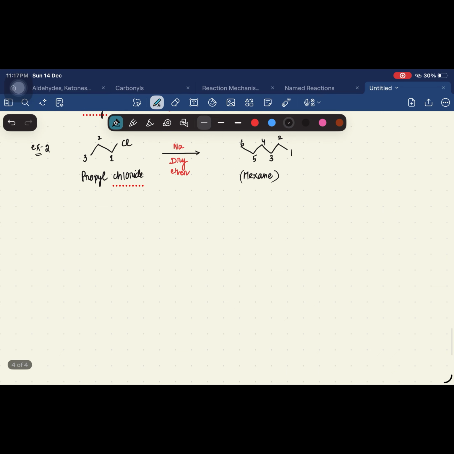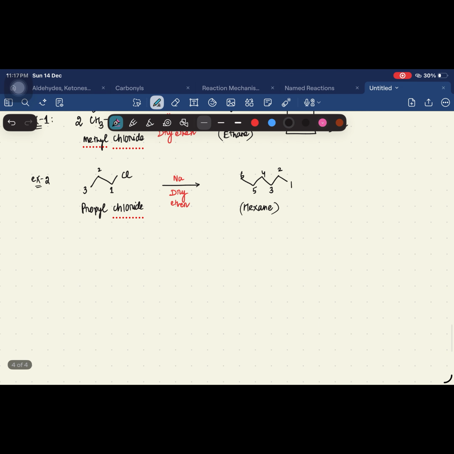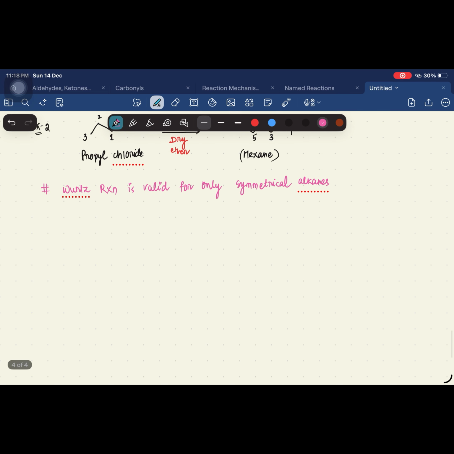So from here it is very clear that the Wurtz reaction is valid only for symmetrical alkanes. This is a very important statement, and this is the conclusion we got here.